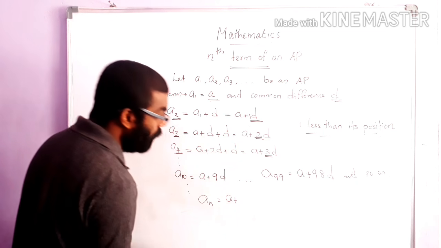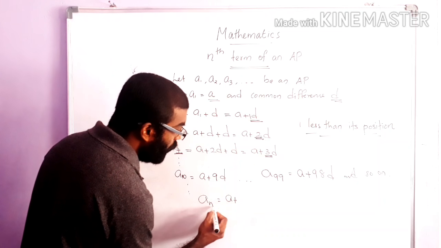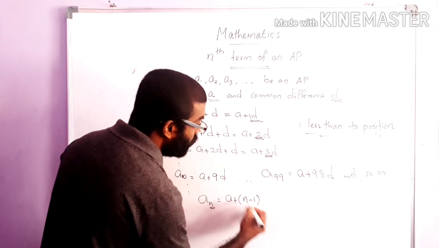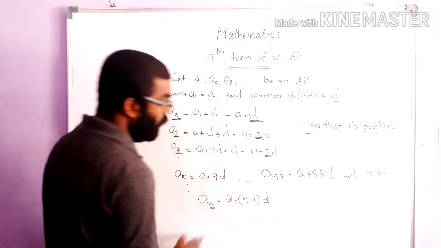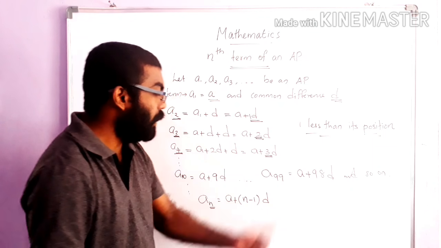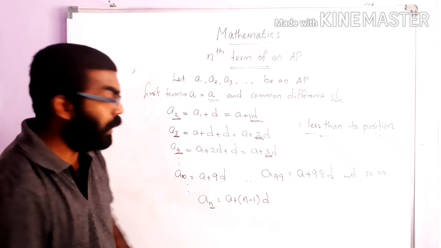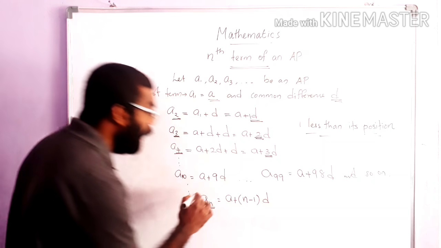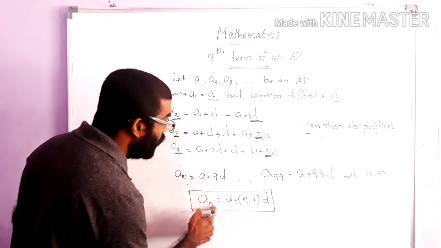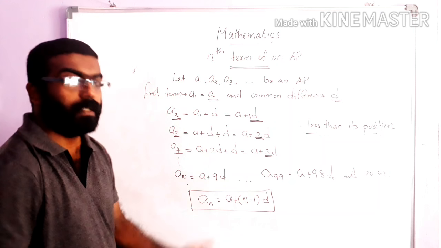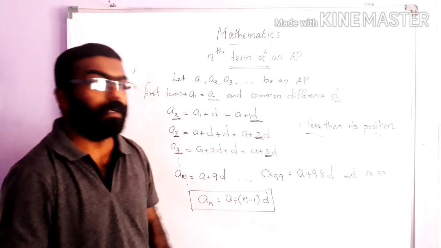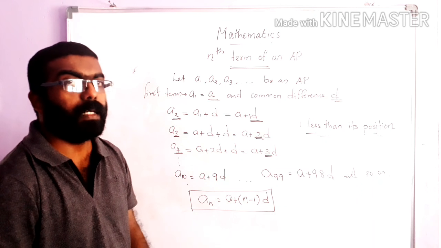So here the position is n, so n minus 1, position minus 1, into D. So An is equal to A plus n minus 1 into D, and this is called the nth term of an arithmetic progression.